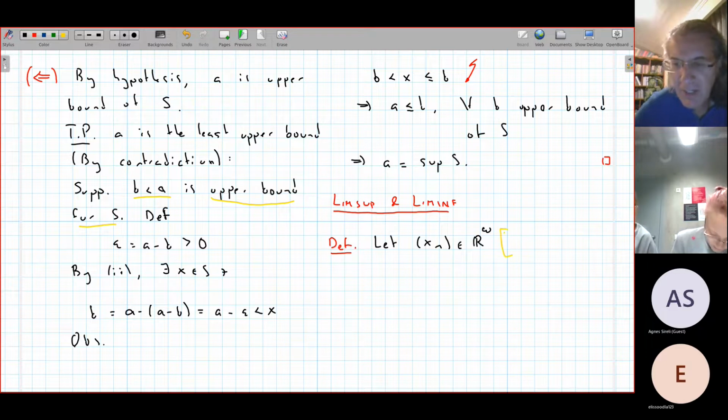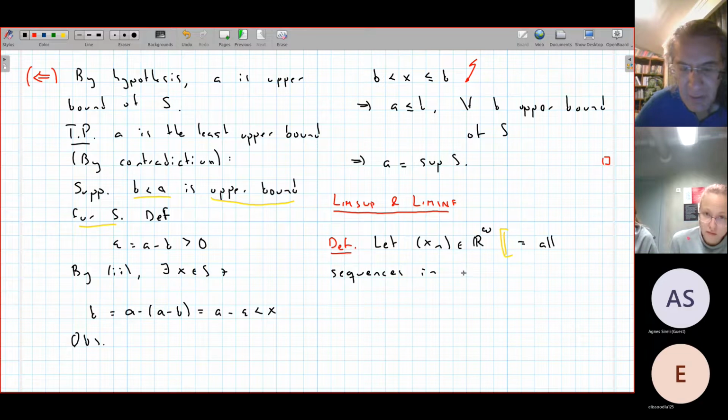This is the collection of all sequences in R. So suppose that you have a sequence. Okay, first definition. So here we say that xn converges to some x in R.